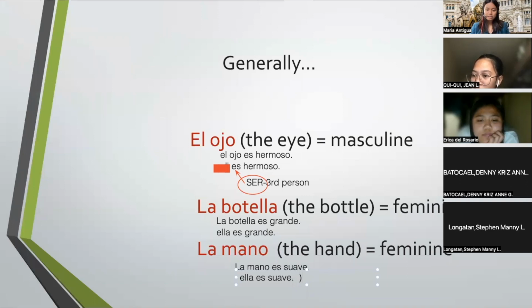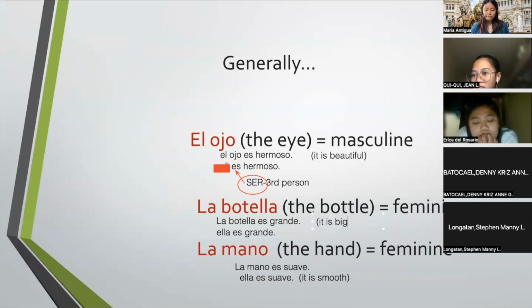It is smooth. Did you see? It is beautiful. The I, isang I lang yan ha. Pag dalawa na son, you use son. S or son.